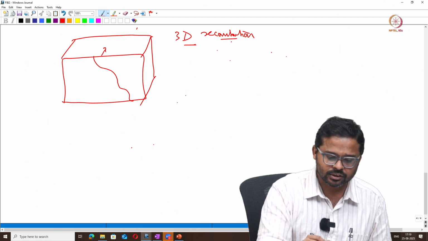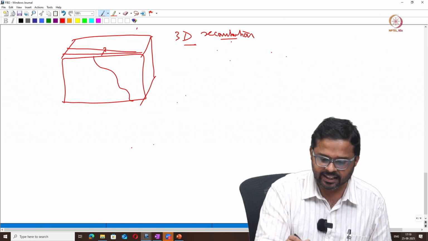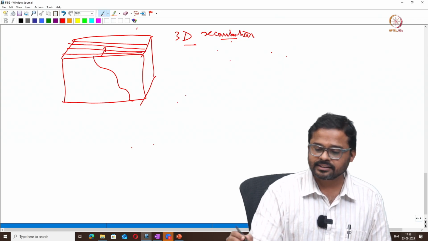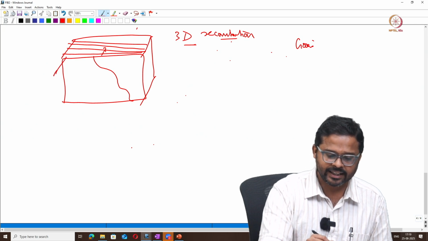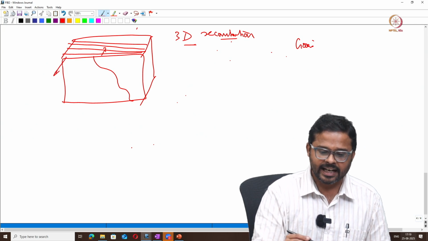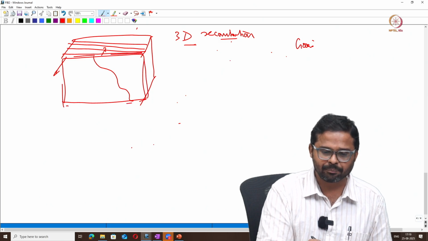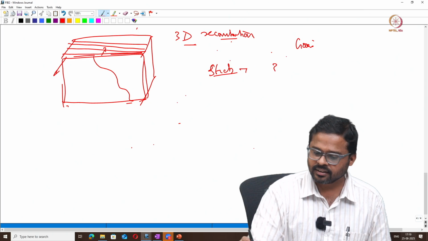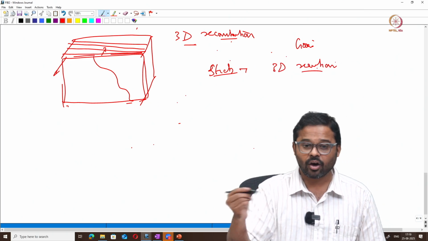So you need to slice out each layer by layer: first layer, second layer, third layer, fourth layer. So you can use the gallium ion source to remove this material sequentially, and you can take cross section images by using the electron beam, and you can stitch them to see the 3D reconstruction of that particular grain boundary or the grain.